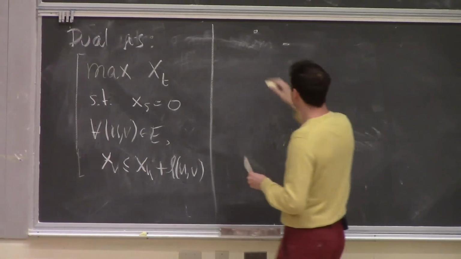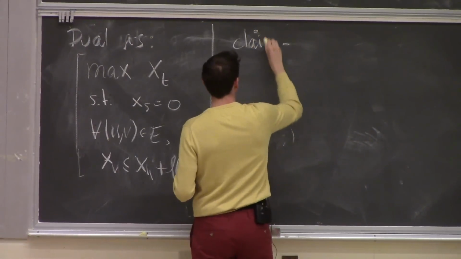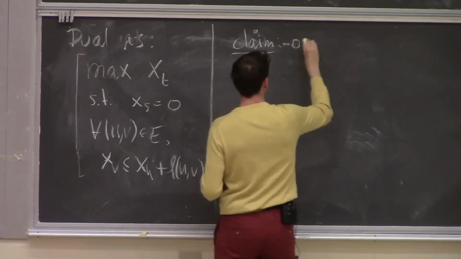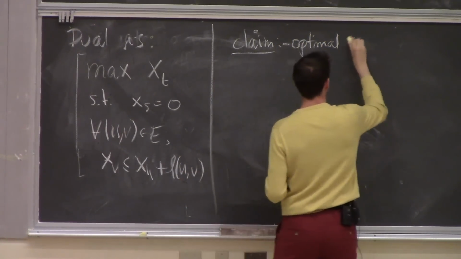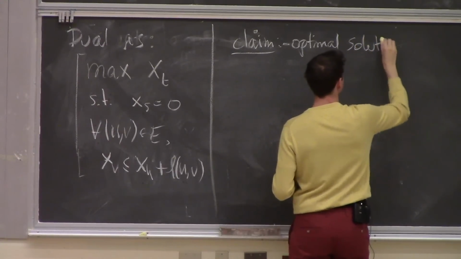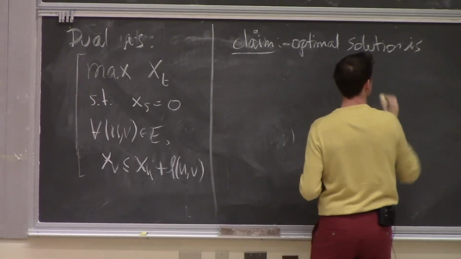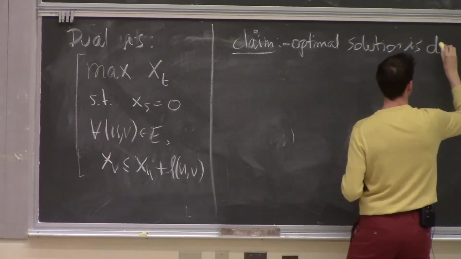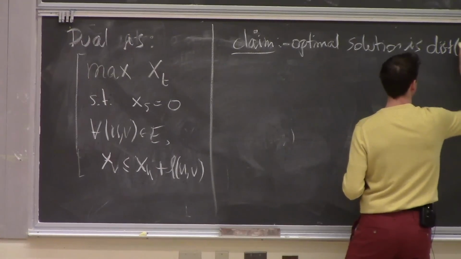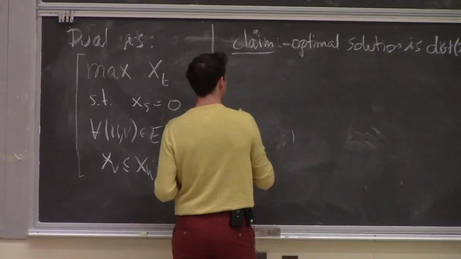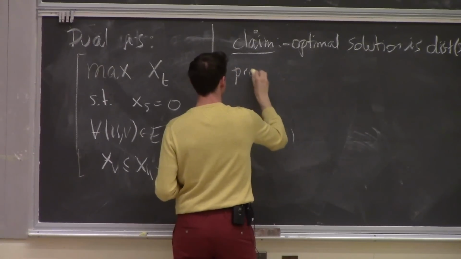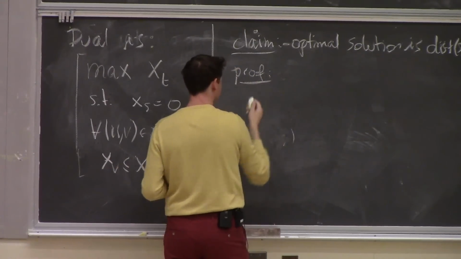So now there's a claim that the optimal solution is the distance between S and T. Okay? So, proof.